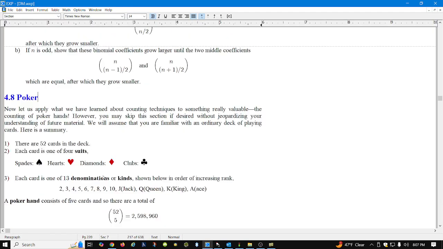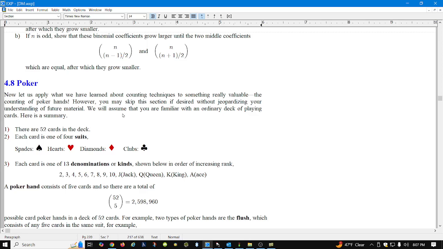I am going to assume you're familiar with an ordinary deck of playing cards. There are 52 cards in the deck. Each card is one of 4 suits: spades, hearts, diamonds, or clubs. Each card is one of 13 denominations or kinds or ranks. 2, sometimes called deuce, 3, 4, 5, 6, 7, 8, 9, 10, jack, queen, king, ace.